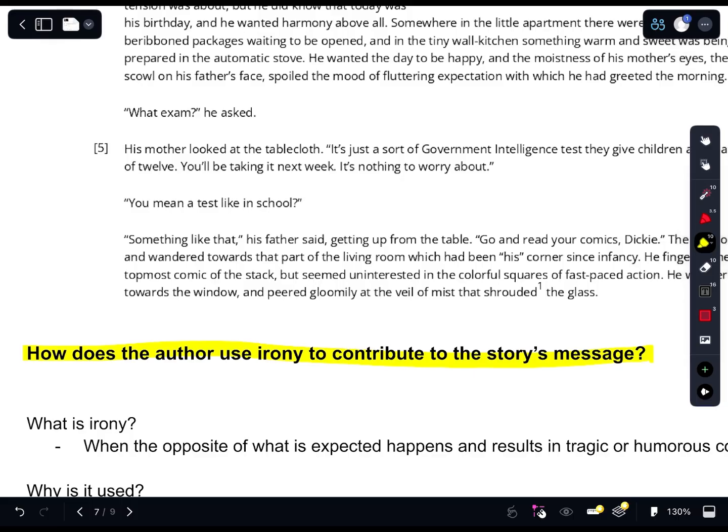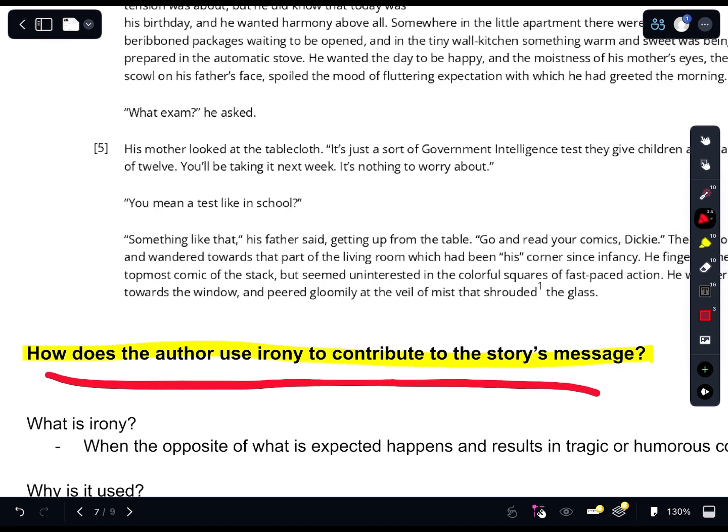So it's really interesting here. The irony is very apparent, but formulating a good answer about how the author uses the irony to contribute to the story's message is actually really quite difficult. Irony is a tool, it's a literary device.